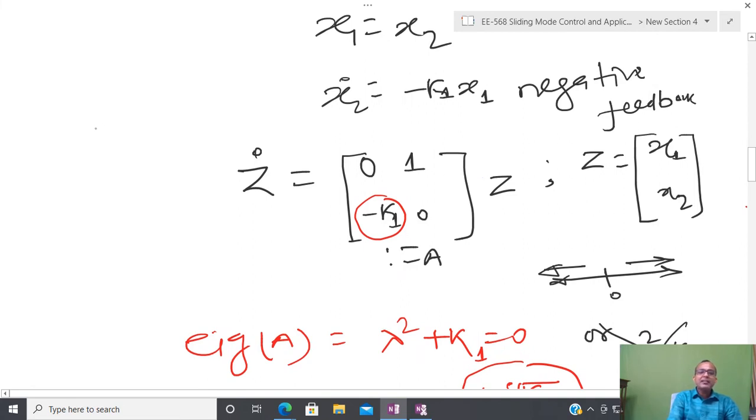It means x1 and x2 remain on some particular orbit. They never converge to 0, and if that is the situation, then my objective is not fulfilled. It means that if I have just information of x1, then I cannot design a control such that x1 and x2 both tend towards 0. Anyone has confusion on this?